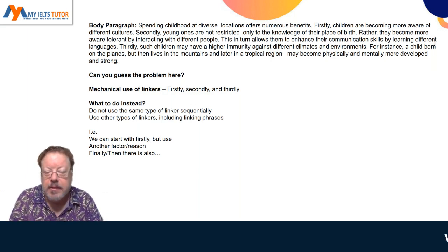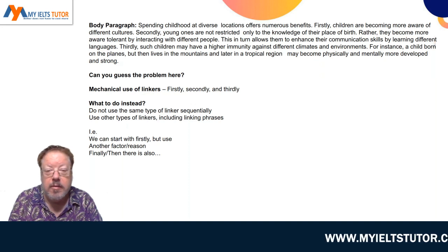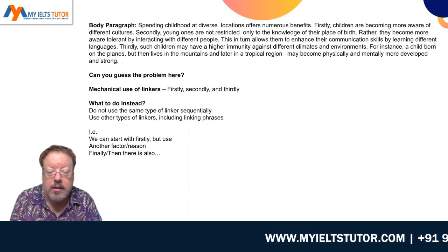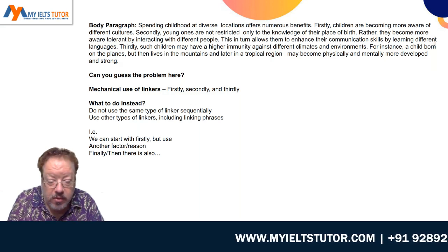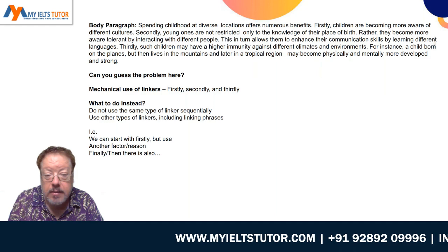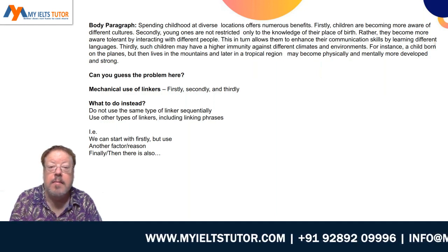Now, you probably picked up on some errors there, especially in vocabulary, but again, those are not the errors I'm concerned with here. So, do you have any idea what the problem is? If you noticed, firstly, secondly, thirdly, that's a problem there.